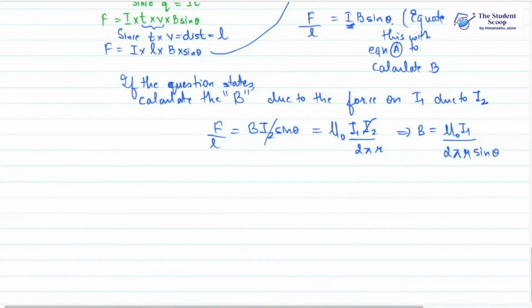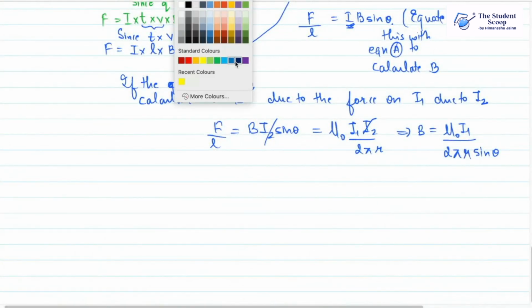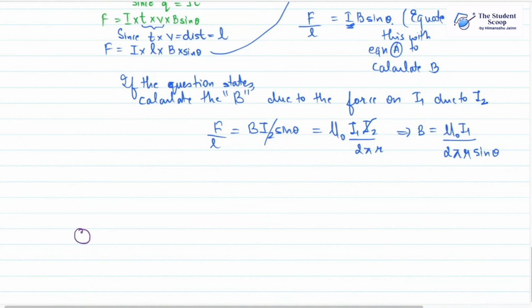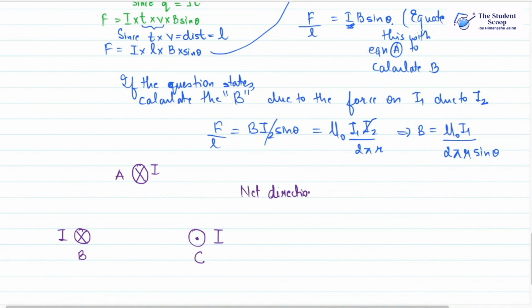A quick question to all the standard level students first. If I have a wire which is carrying current into the page, I have another wire which is carrying current out of the page, and I have another wire which is carrying current into the page, this is wire A, this is wire B, this is wire C. Can you tell me the net direction of force on A due to B and C respectively?